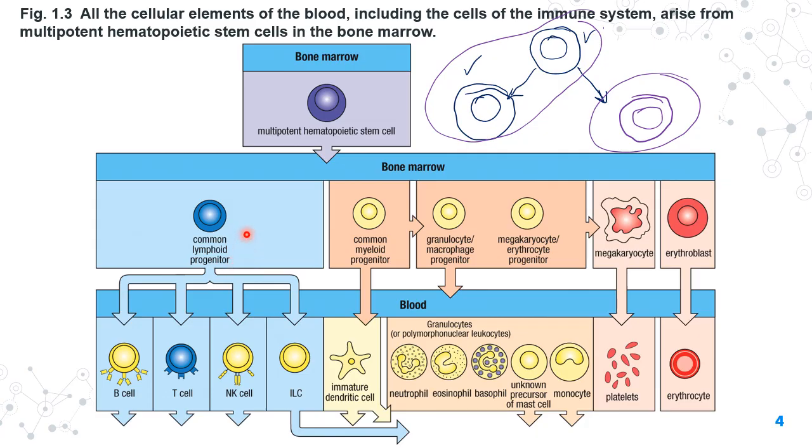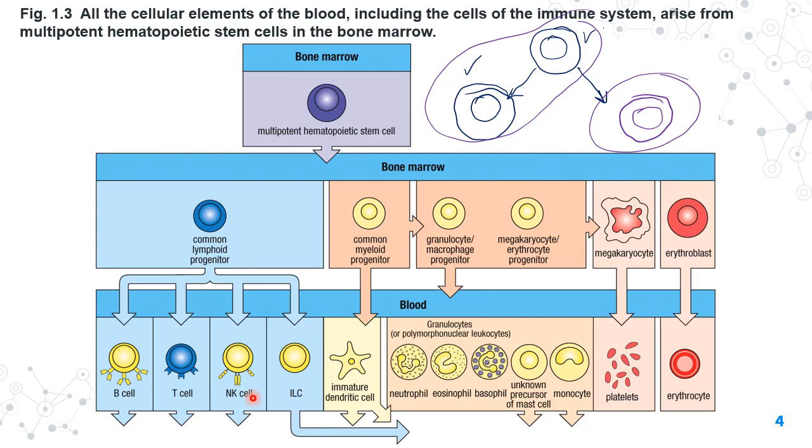So the common lymphoid precursor or progenitor is going to decide whether it's going to become a B cell or a T cell or a natural killer cell or a variation of a natural killer cell that is actually an innate T cell or innate lymphoid cell type of progenitor.